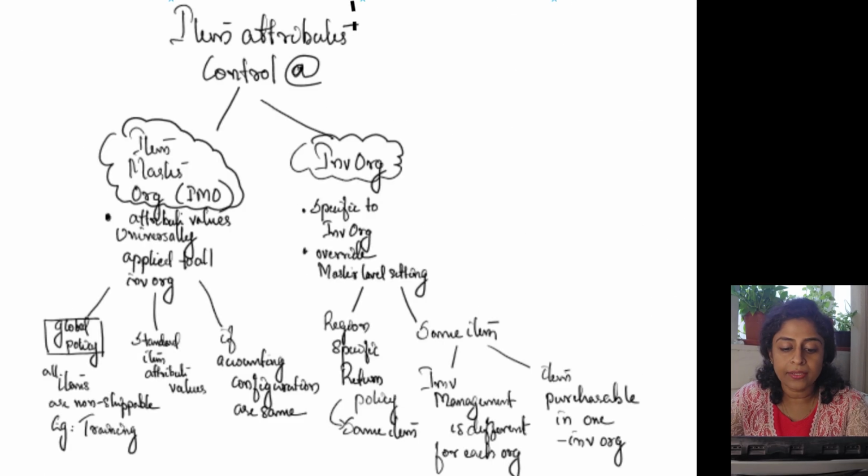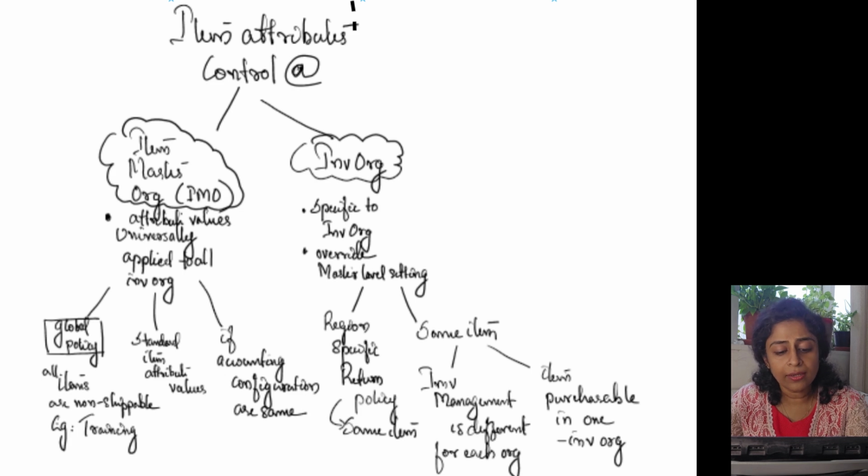Now let's see the item attributes that are controlled at the master level or at the org level. At the master level, an item attribute value stays the same across all the inventory organizations, and they are perfect for global consistency, like unit of measure or cost related attributes that should never vary.